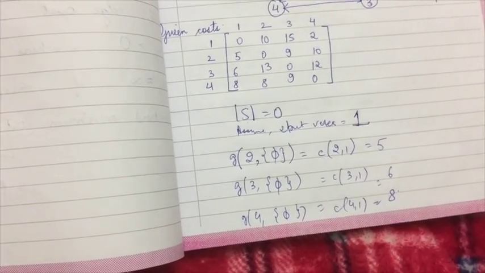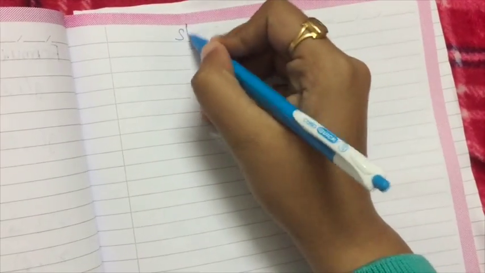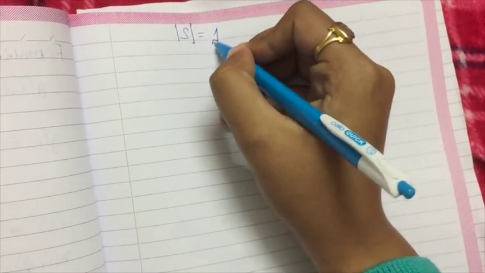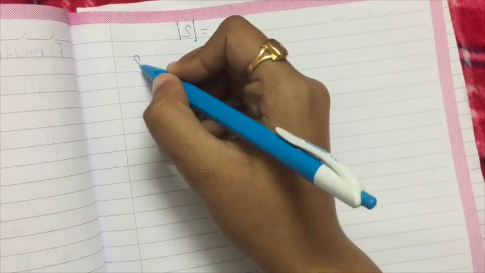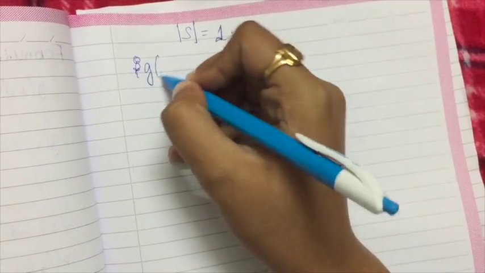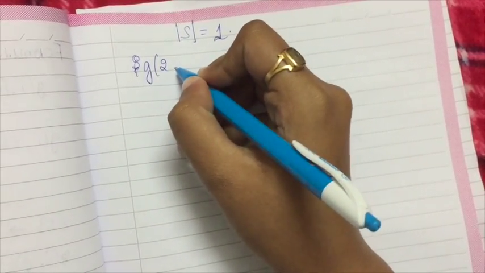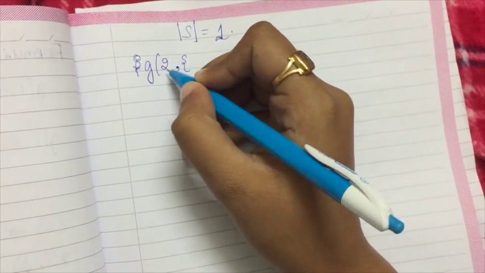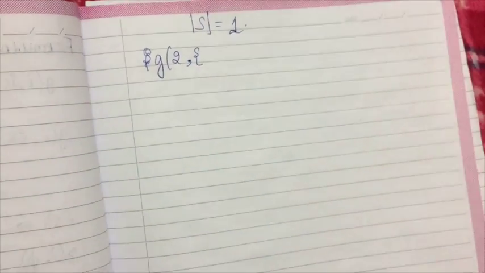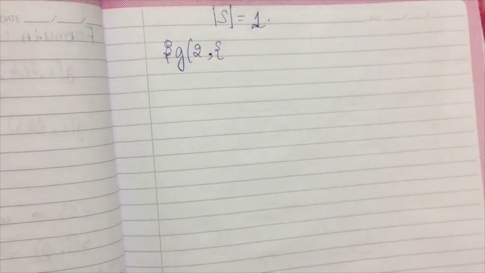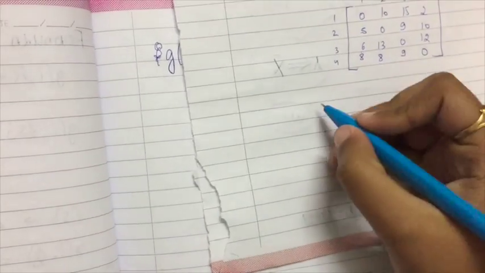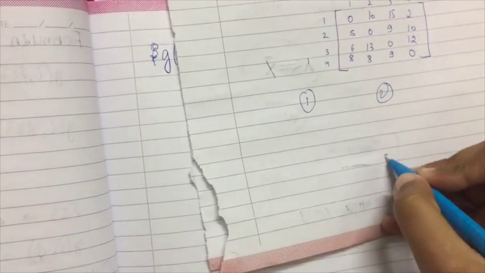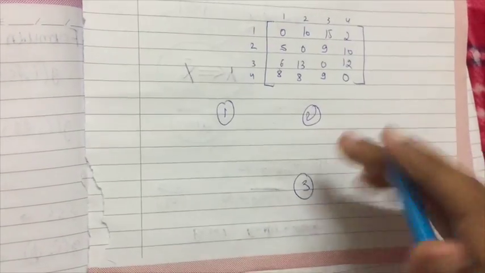Okay, so now let's do it for mod of S equal to 1. That is, when I start at any given vertex, I will have one vertex in the set. I'll just show you here. From 2 I had 1, 2, 3 and 4.